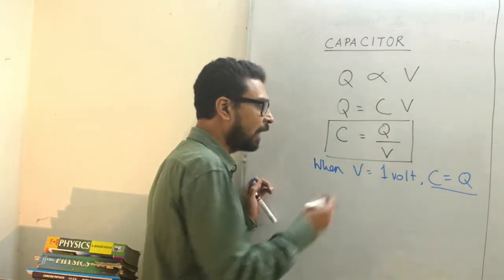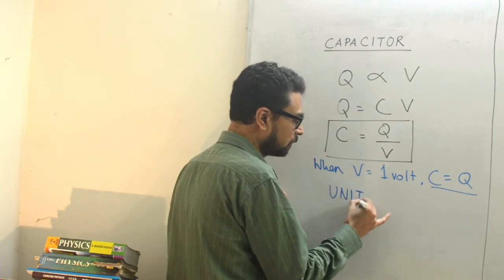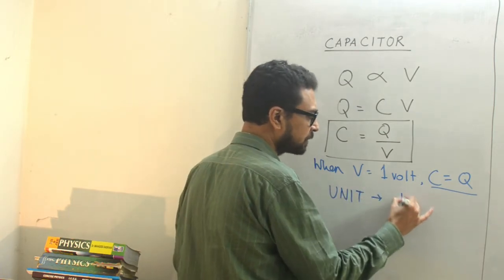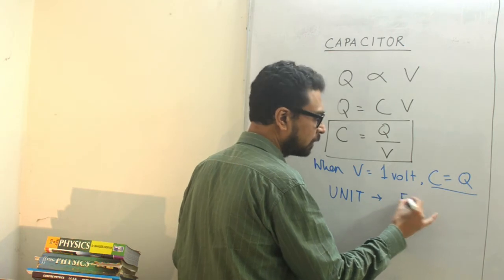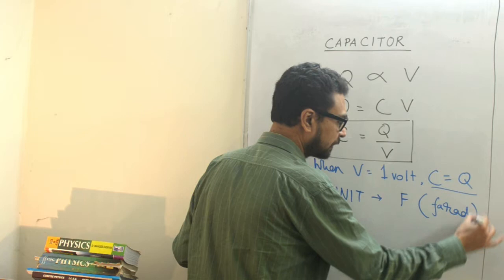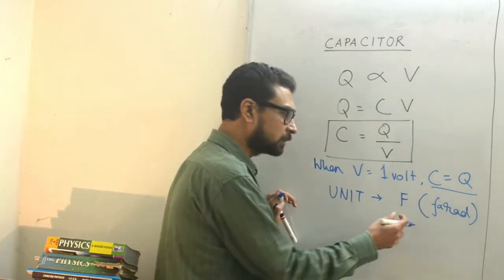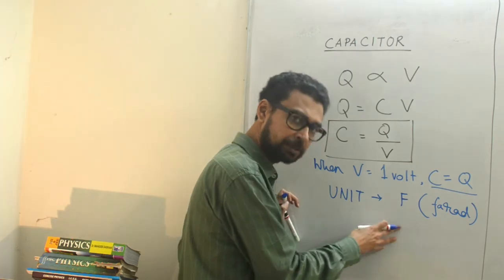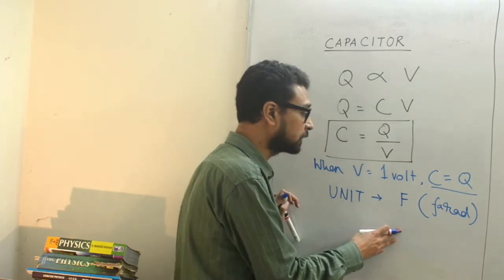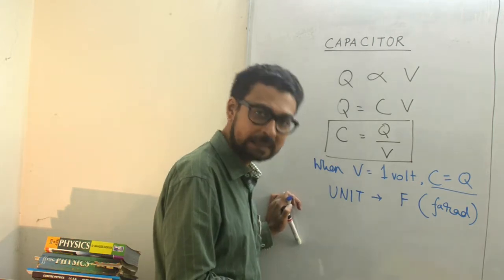Definitely we have a unit, and the unit universally in the SI system is the farad, capital F, named after the scientist Faraday. This is a very large unit, and I'll explain why it is so large after a few things.